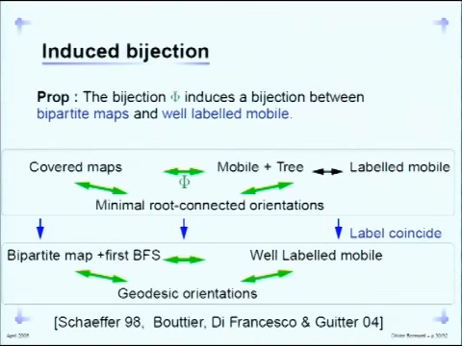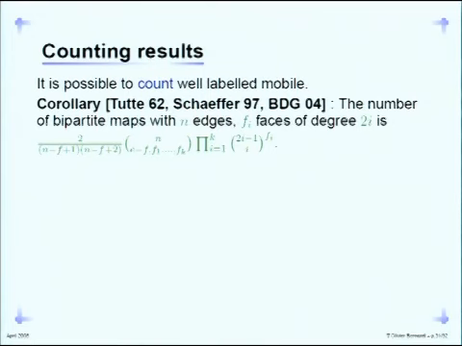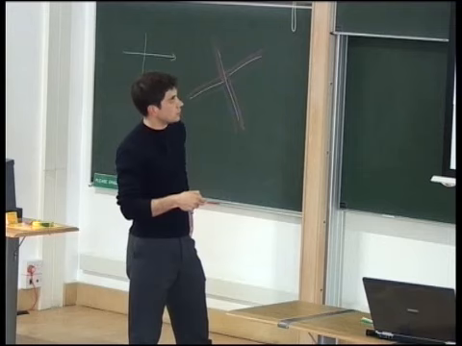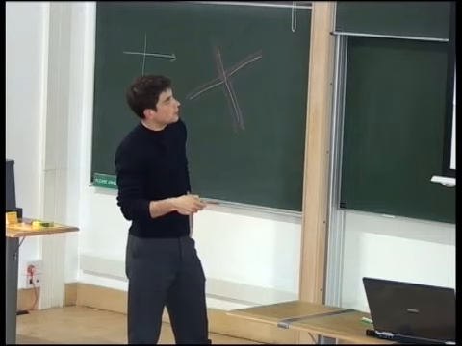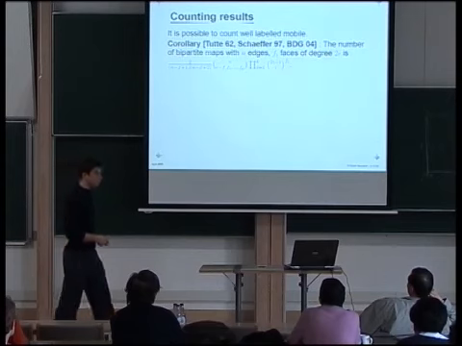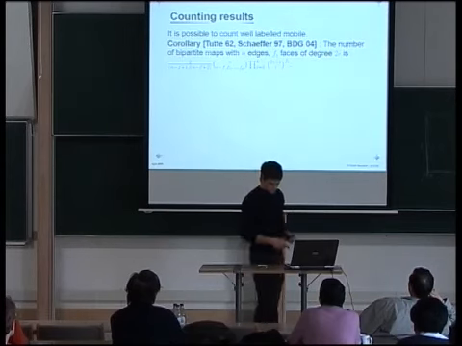In this case, it's possible to recover from that the number of bipartite maps with n edges and f_i faces of degree 2i, given by this very nice formula that was first discovered by Tutte. There is a bijection by Schaeffer explaining this, and it can also be obtained from this mobile construction.